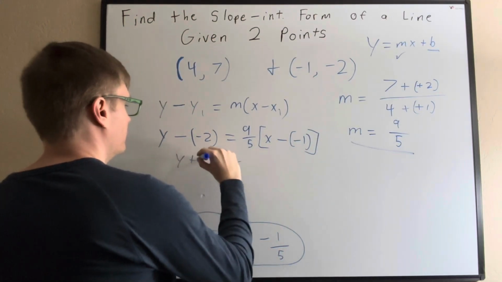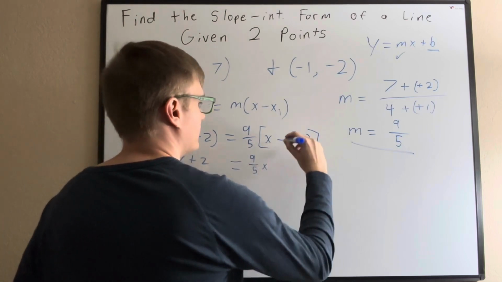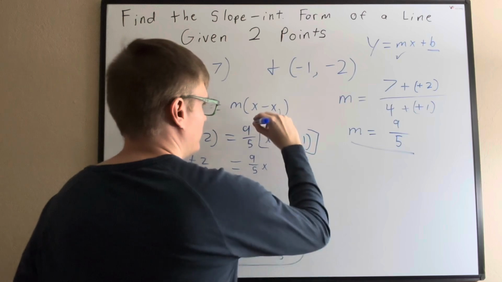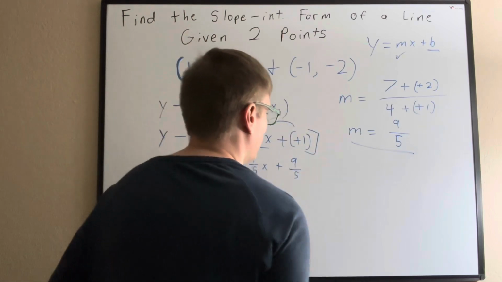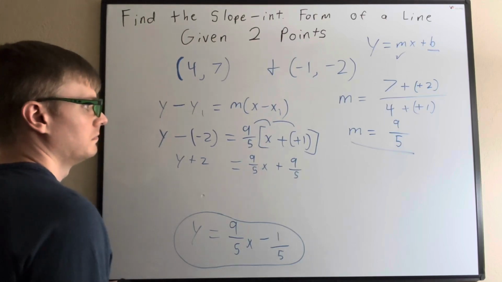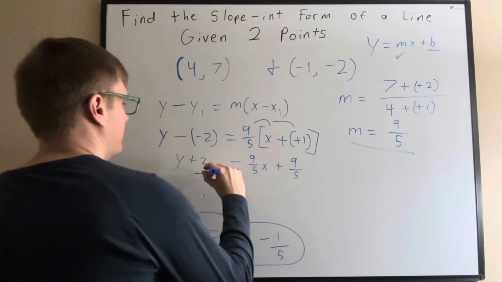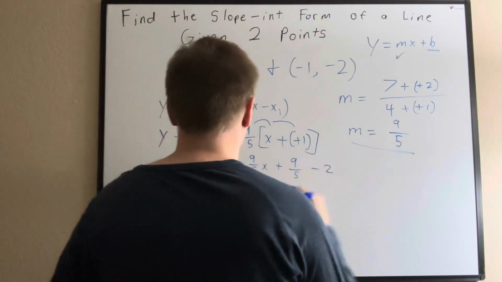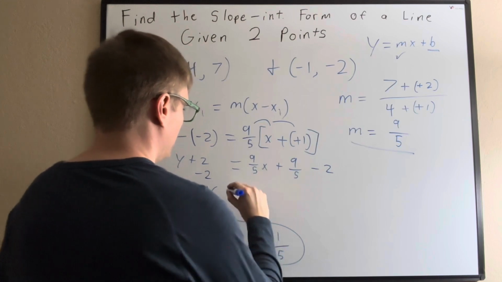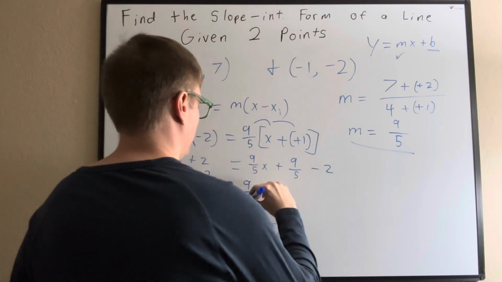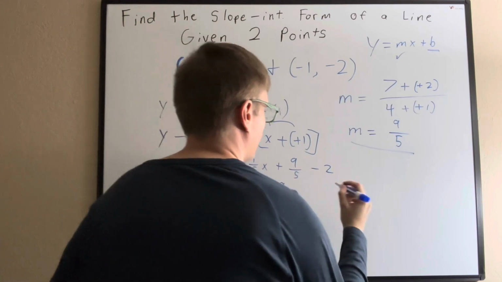Y plus 2 equals 9/5 x. I'm distributing now. Plus 9/5. Okay. 9/5 times 1, yeah, 9/5. That was easy. Subtract 2 from both sides. Y equals 9/5 x plus 9/5.